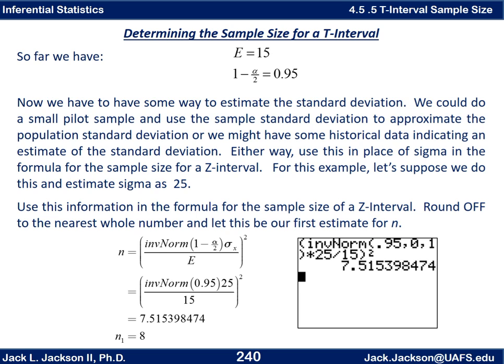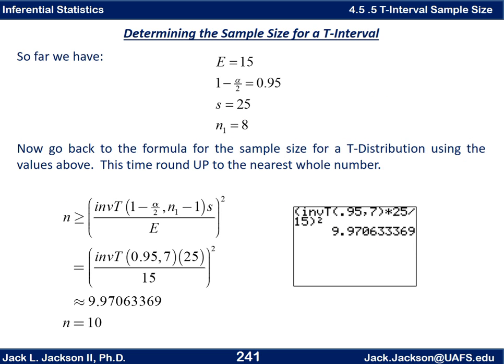Then we go back to the t version of the formula, plug in the 8 for n1, which makes this 7 degrees of freedom, plug in the rest of the information using our estimate of s as well, and then round that up to the next whole number. That's our estimate. So that's how we do it.